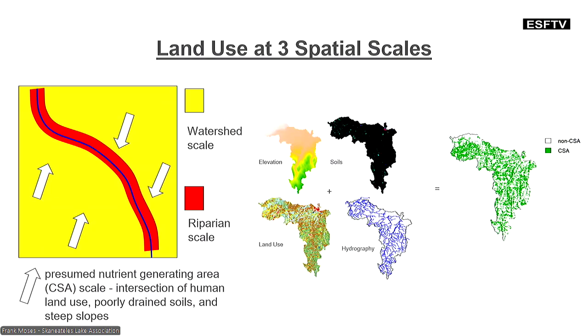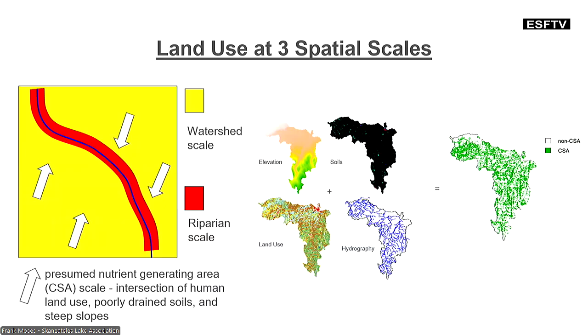Let the yellow polygon represent the entire watershed. The red polygon represents the riparian zone, and the gray arrows would be areas of poorly drained soils and steep slope in the watershed. So any human land use, like agriculture or urban, that fell within these zones was divided by the total watershed area to calculate human land use at each spatial scale.